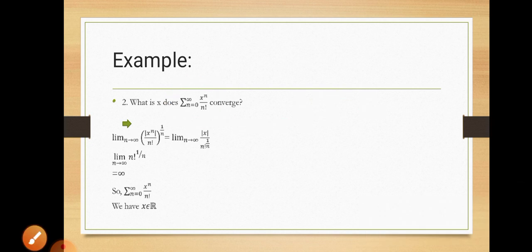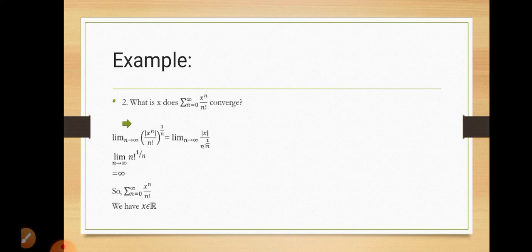So we have the limit as n approaches infinity of the absolute value of x to the power of n over n factorial, to the power of 1 over n, which is equal to the limit as n approaches infinity of the absolute value of x over n factorial to the power of 1 over n.